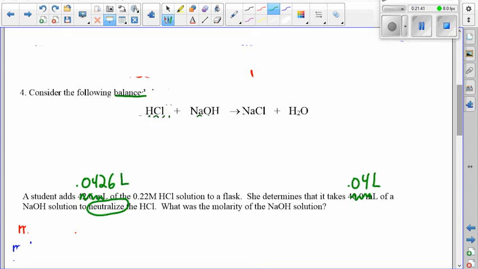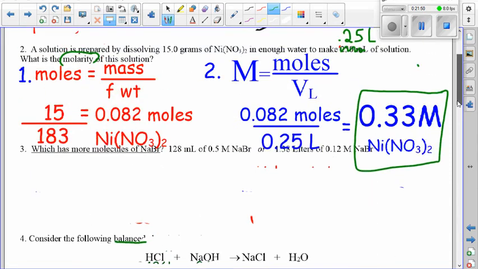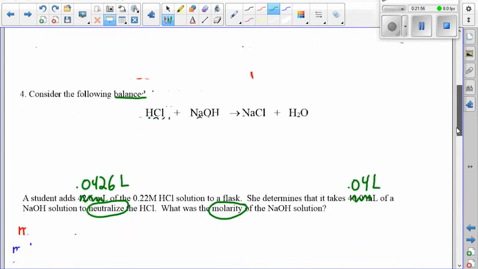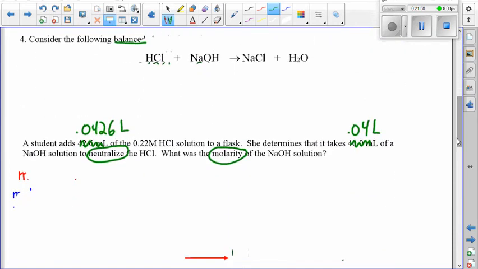The question is, what is the molarity of the NaOH? If we want to know the molarity of something, we need to know the moles and the volume. I know the volume of NaOH, but I do not know the moles of NaOH. So that's objective number 1: find the moles of NaOH.